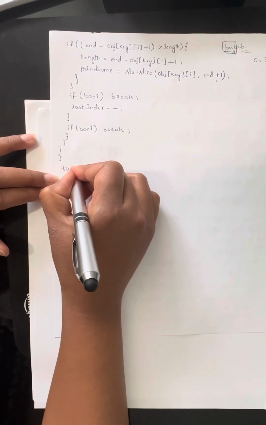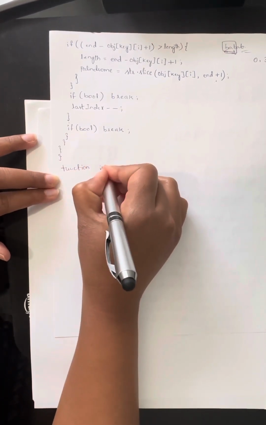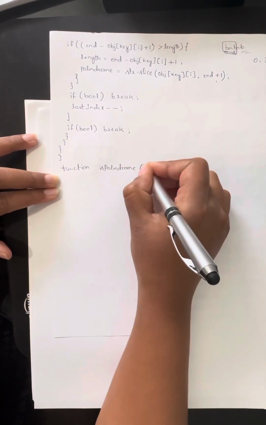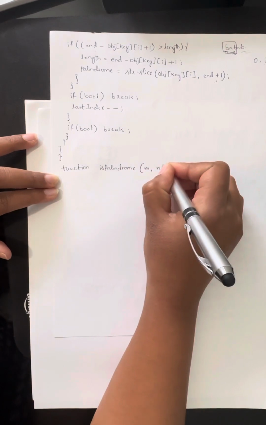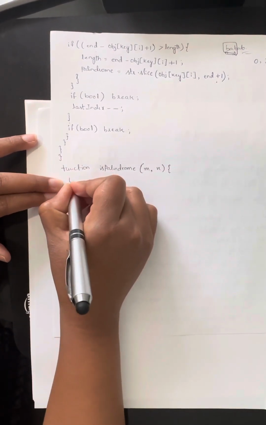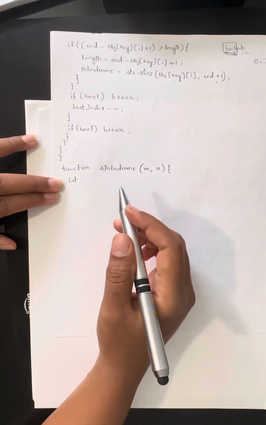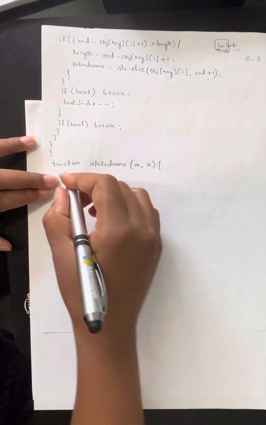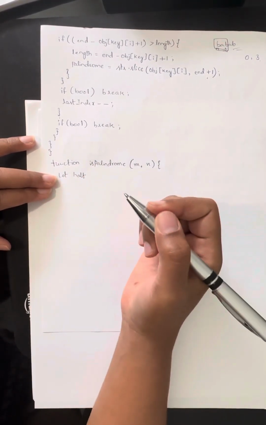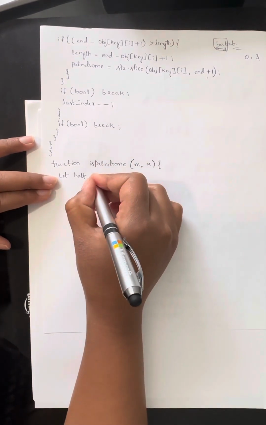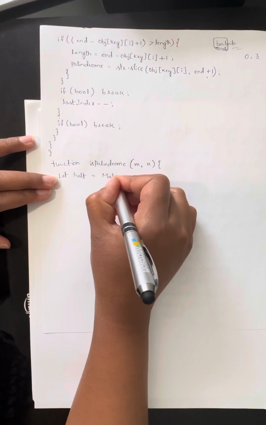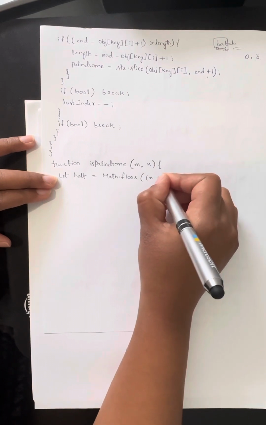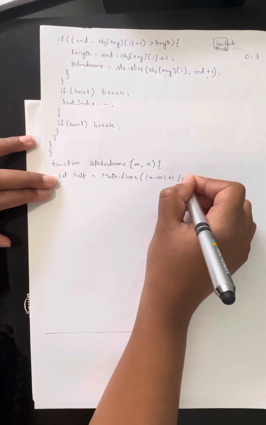So let's say function isPalindrome, and it takes two parameters, let's say m and n. In this function, we'll find the middle index, let's say half equals Math.floor of (n minus m plus 1) by 2.